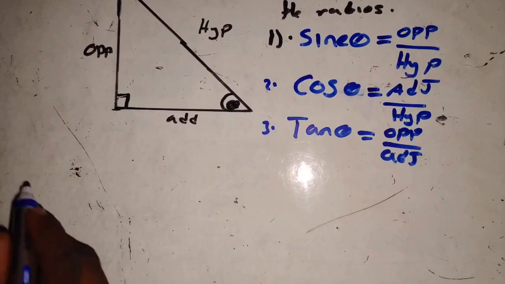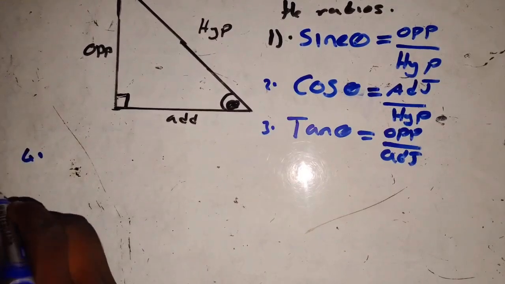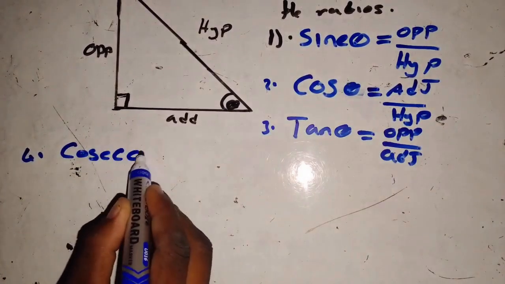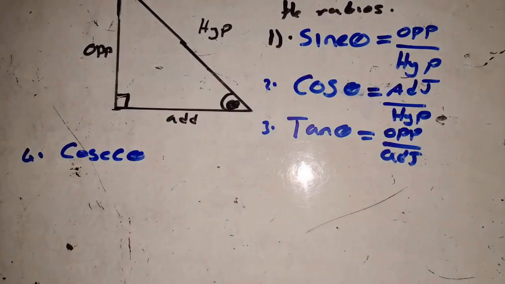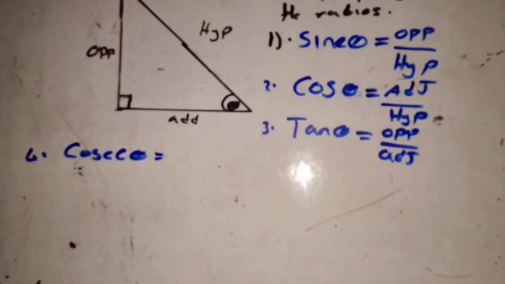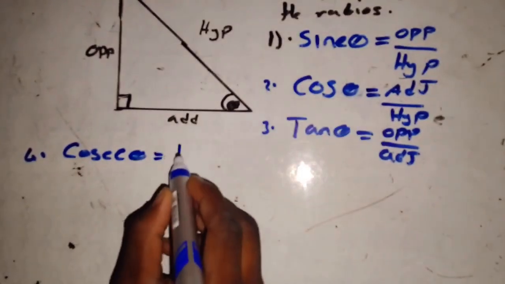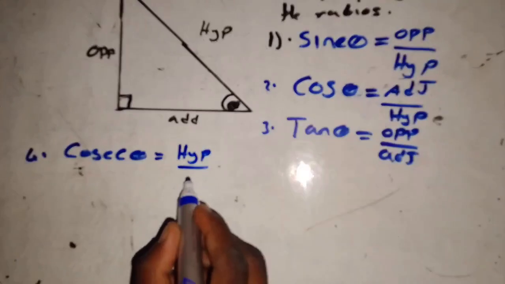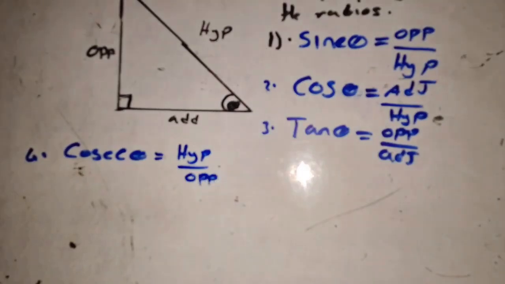We have cosec theta, which is equal to hypotenuse over opposite. If you see cosec theta and sin theta, there is something that must come to your mind.